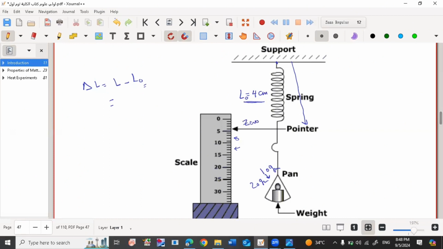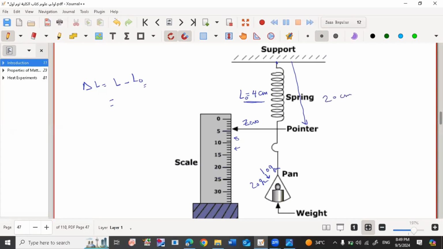Second way is to consider this 4 centimeters here was 0, and we are going to actually no, this will not work. We need to know all these lengths, and each time we will remove this L as L node, and we will remove this from this L here. Like if it was in the first reading 8, and you are going to assume this totally here is 20 centimeters.